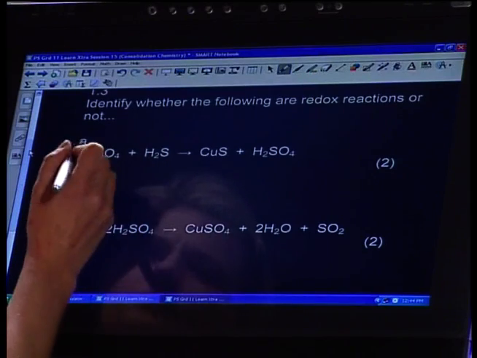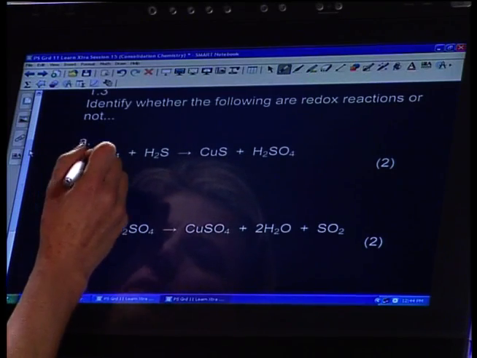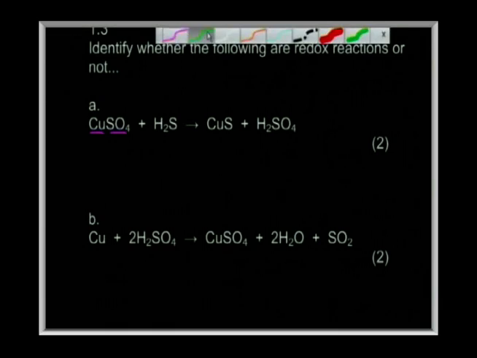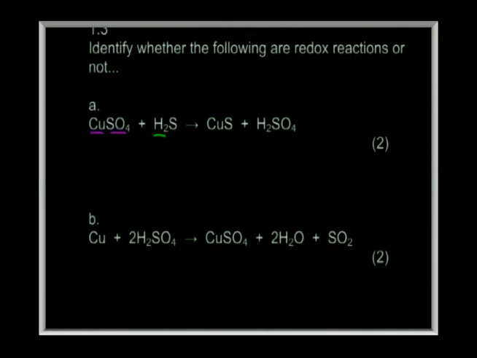Now, remember what I said to you guys earlier about how we identify a redox reaction. A redox reaction involves transfer of electrons, and usually in a redox reaction we will have something on its own that is now in a compound, or it's in a compound and then it's on its own, indicating to us that there must have been some sort of an electron change. This one does nothing of the sort. If I say copper sulfate and I underline that in pink, and hydrogen and sulfur over there, underline that in pink.